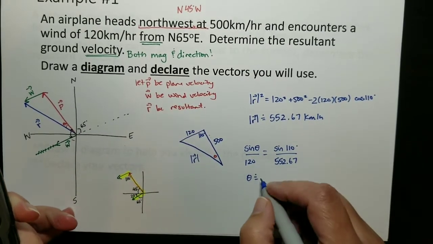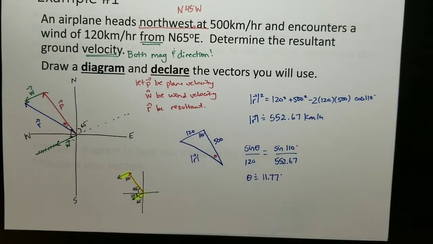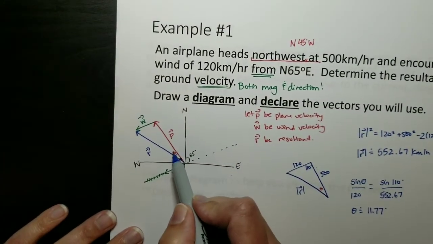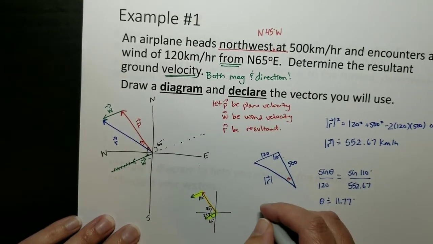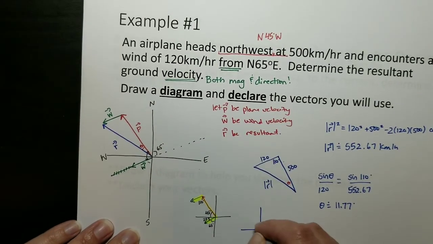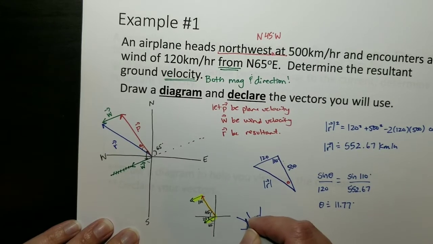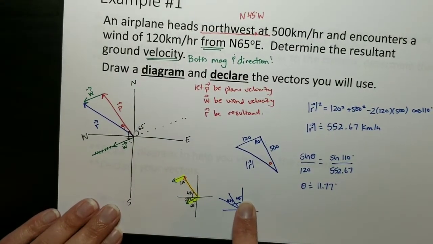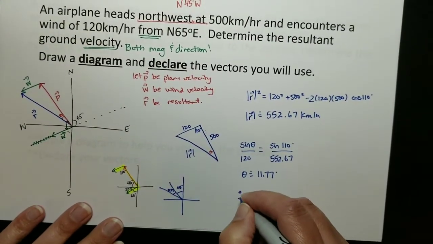And I get that the angle there is about 11.77 degrees. So I'm going to need to interpret that. That would be an additional 11.77 degrees. So I would know, for instance, that was 45, and then that had the 11.77, that this would be a total of 56.77 degrees from the north.